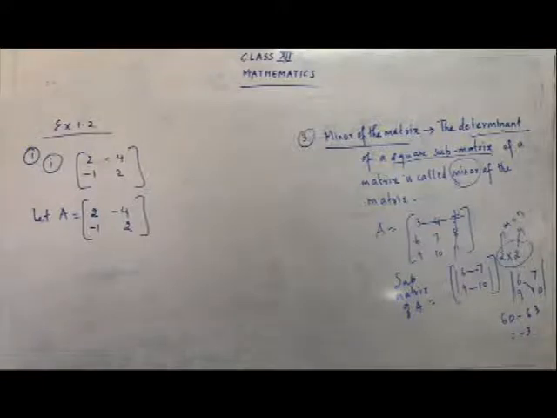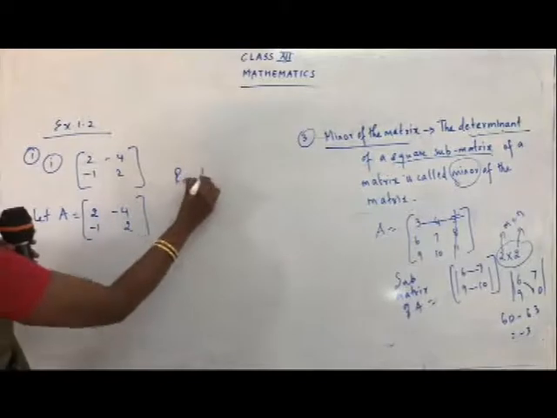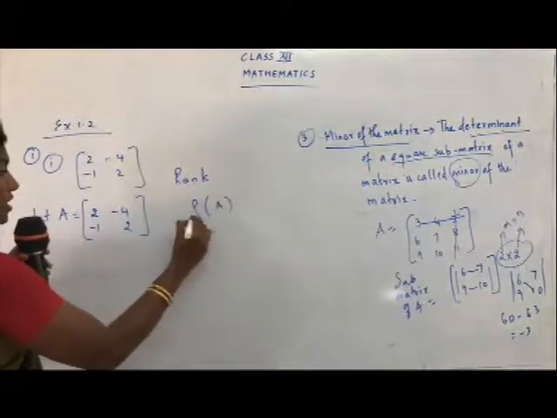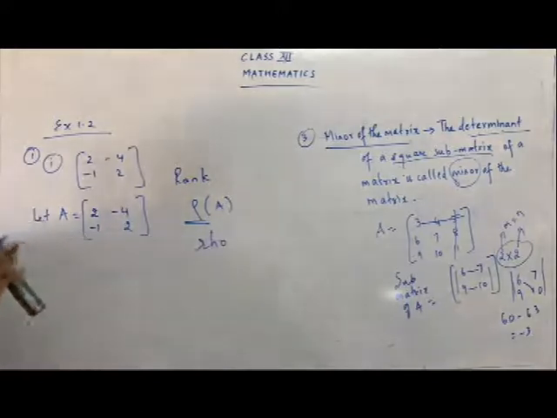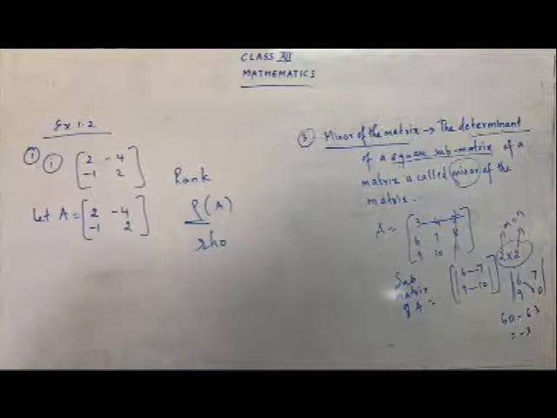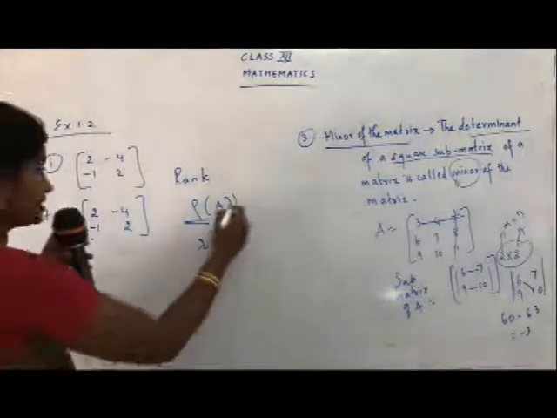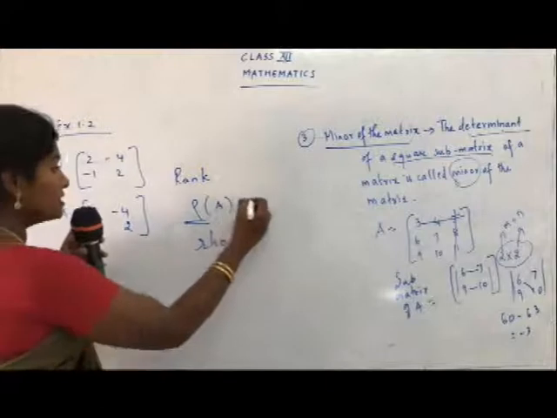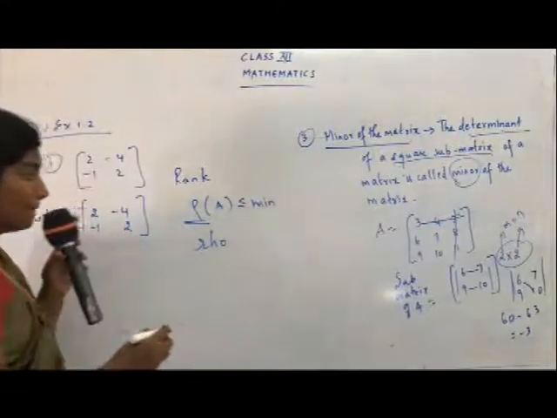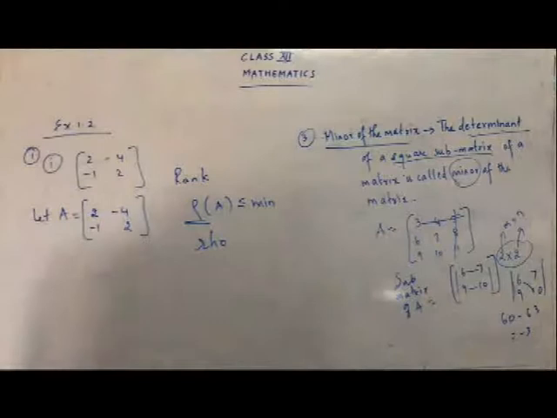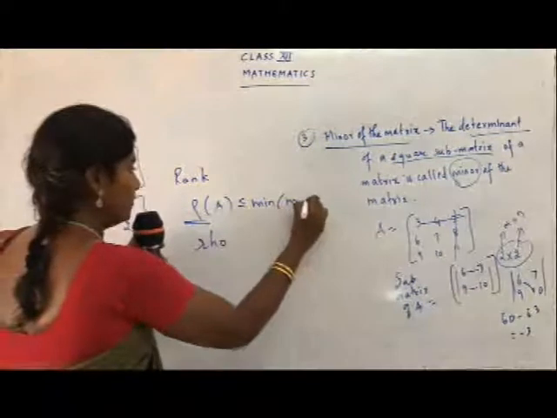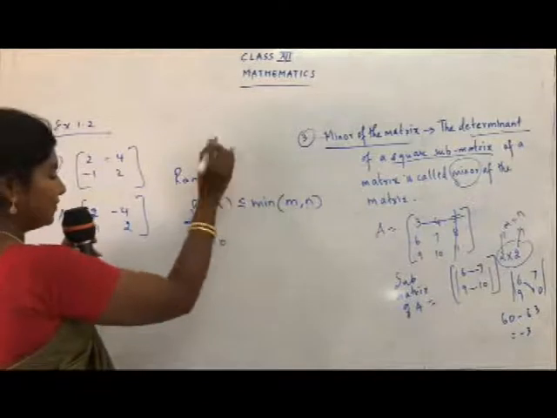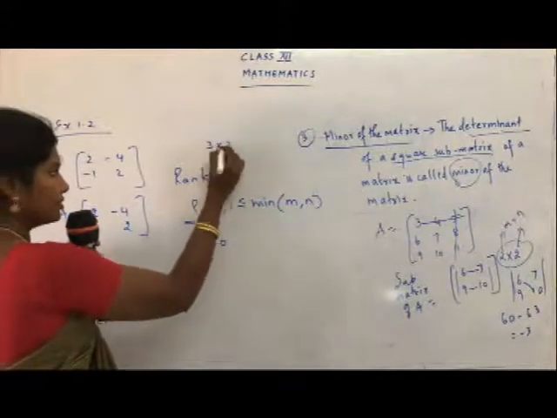If A is an M cross N matrix, then rho of A, we have already seen that the rank is denoted as rho, R-H-O. The rank of A is always less than or equal to the minimum of M comma N. Suppose you have a matrix of order 3 cross 2, that is 3 rows.